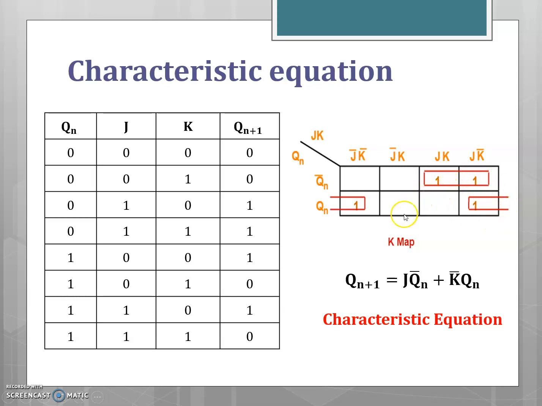The first grouping is J Qn bar, plus the second grouping, K bar Qn. So this is the characteristic equation of the JK flip-flop. Qn represents the present state and Qn plus 1 represents the next state.